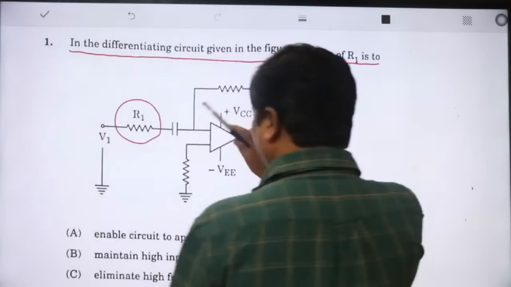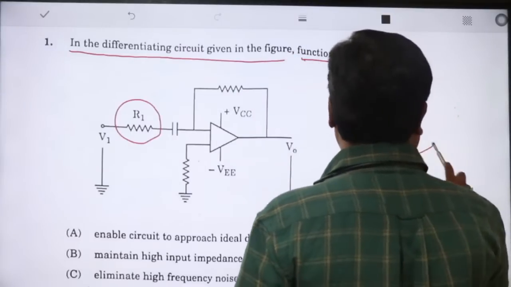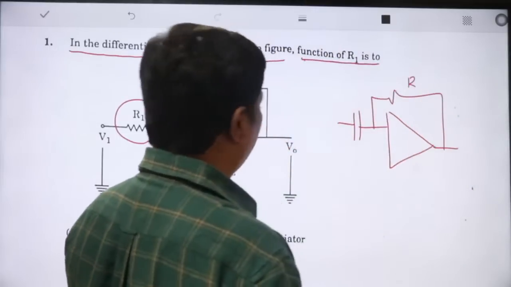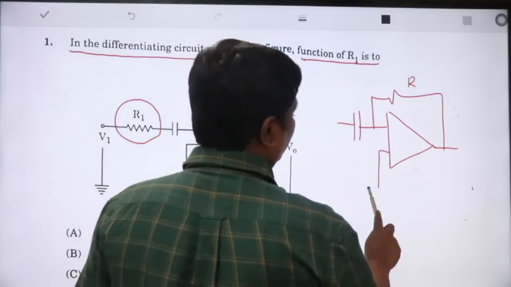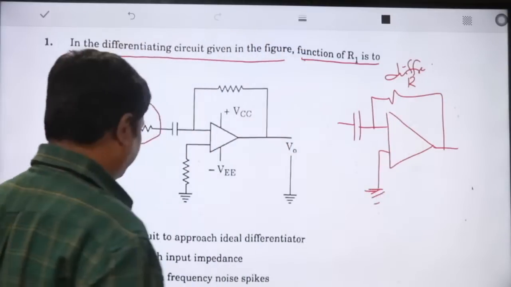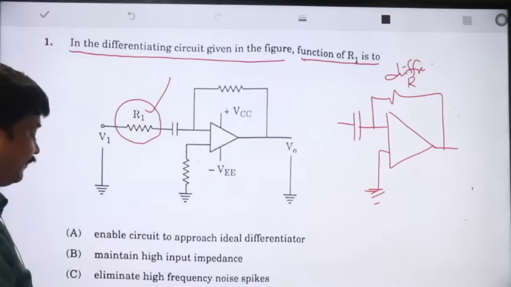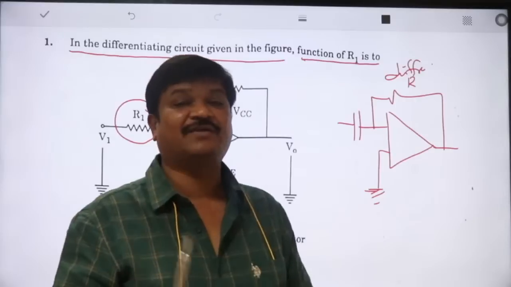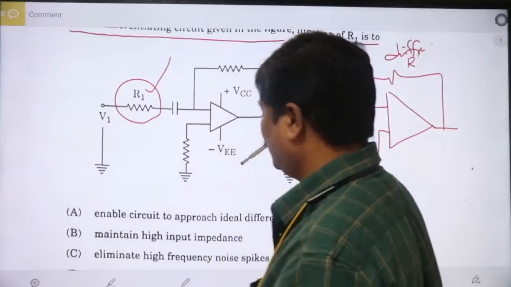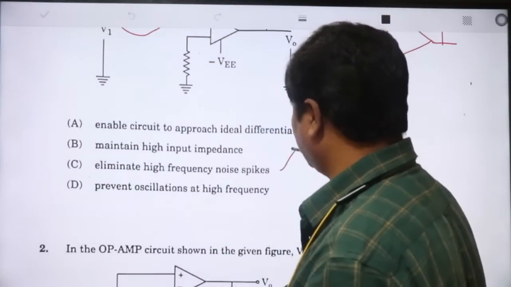Usually if you don't have that resistance, you may have the capacitor like this, and this is the R. It acts like a differentiator. But because of introducing this resistance, it eliminates the high frequency noise. So from the available options, it can eliminate the high frequency noise spikes.